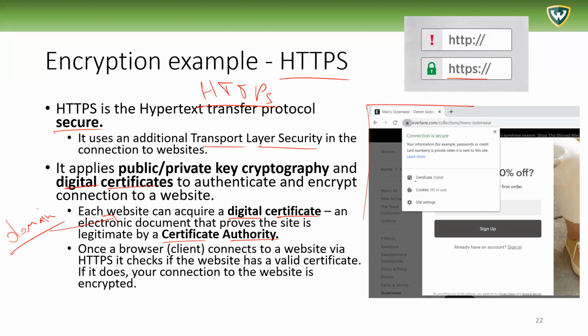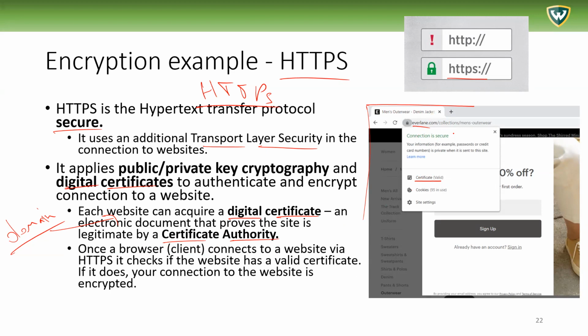HTTPS uses a digital certificate, and your browser, the one going to the website, validates whether the digital certificate is in fact valid by checking if it was certified by a certificate authority.